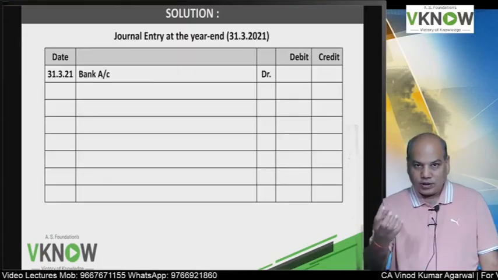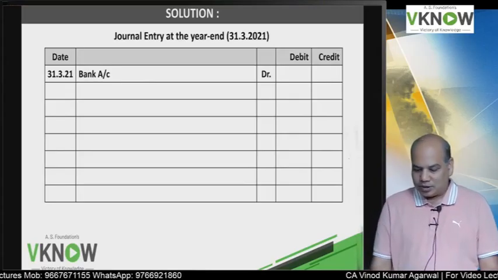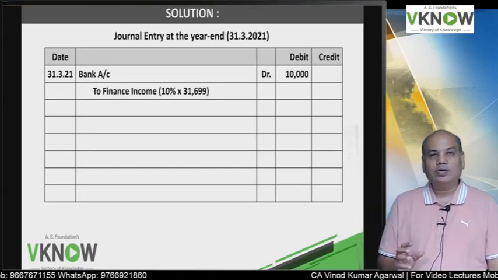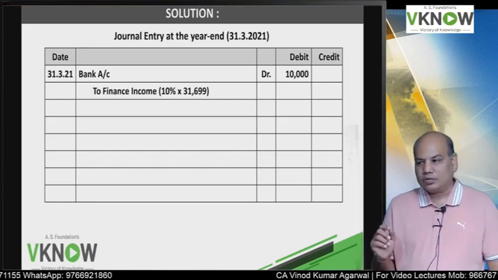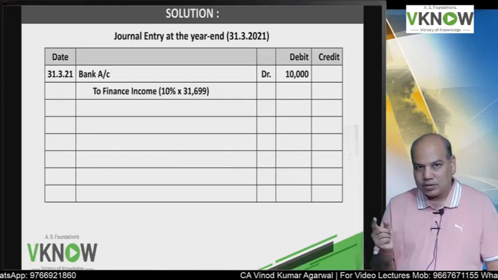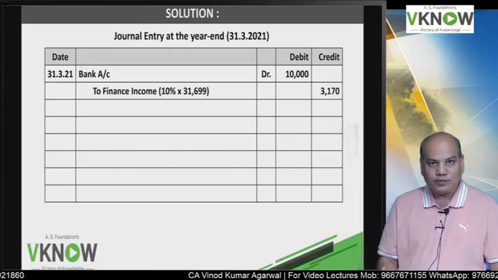We are going to receive from the sublessee under the sublease 10,000 rupees, and I will take 10% of the lease receivable, 31,699. 10% of 31,699 will be treated as finance income, rounded off to 3170. And what about the balance?